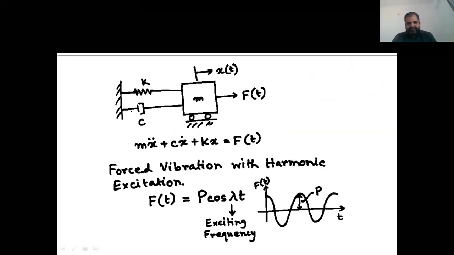It is connected with the damper, and this is my external force, let us say F of t. Under this external force, since it is forced vibration, this mass moves with a displacement of x of t in time t.